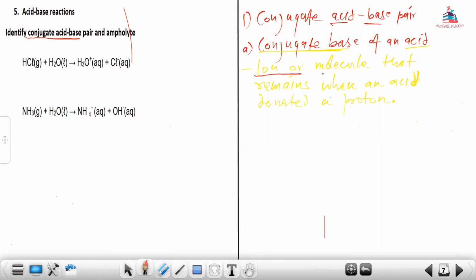So an ion or a molecule that remains when an acid has donated a proton. And I must further add this information.